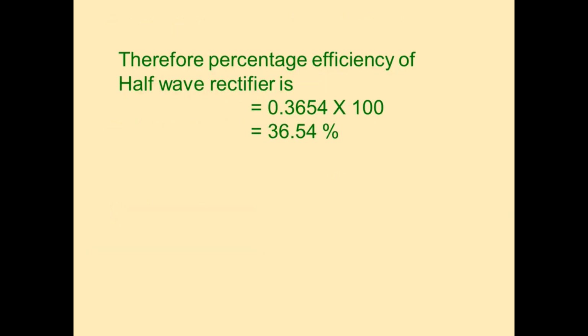Therefore, percentage efficiency is eta equal to 0.406 into RL by RL plus RF into 100, so 0.3654 into 100, 36.54%. In the given problem, the efficiency of half wave rectifier is 36.54%. This is the second problem.